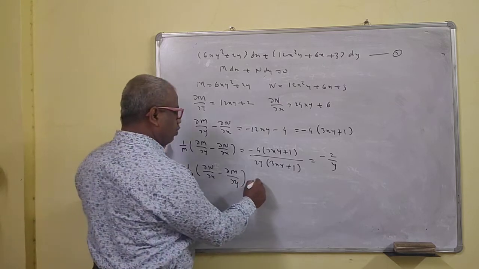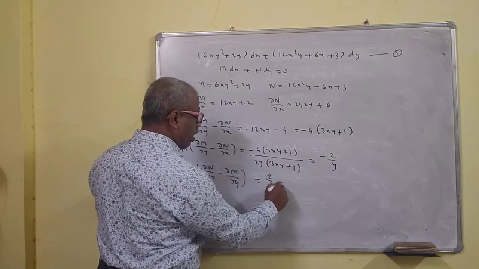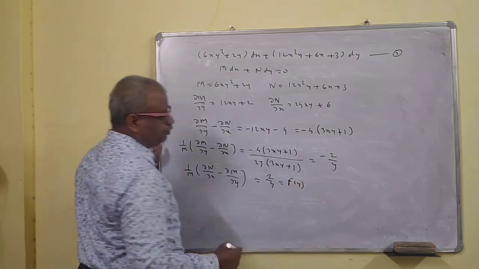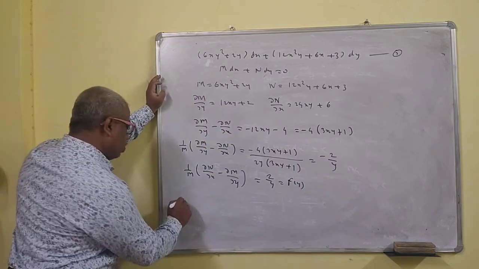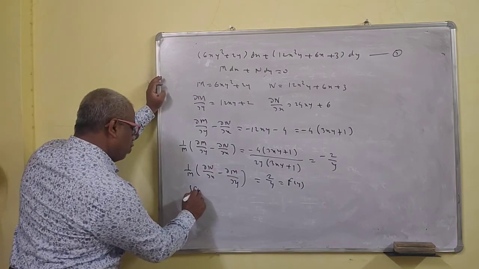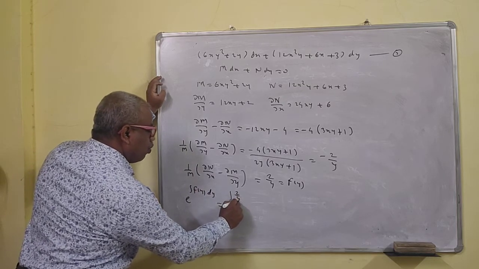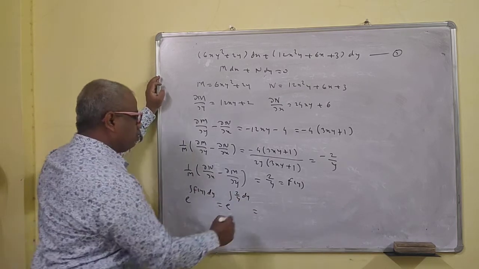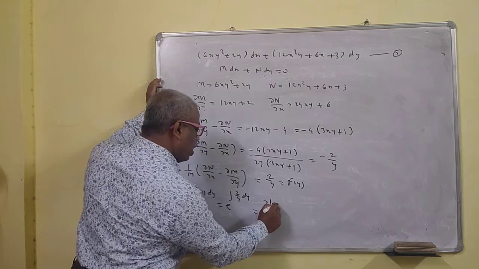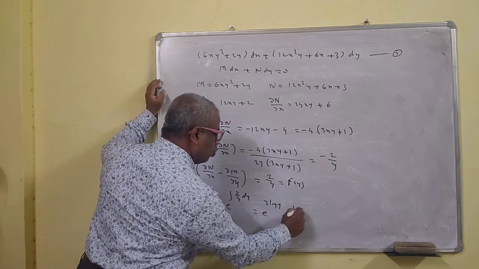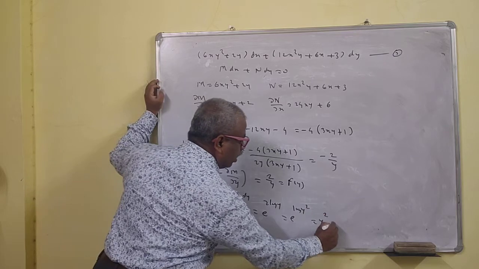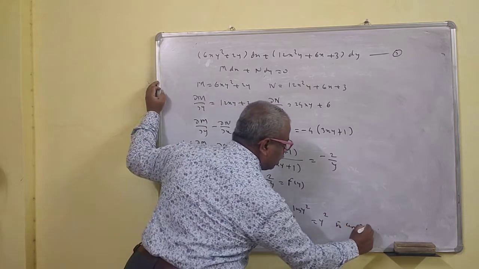So this is 2 upon y, a function of y alone. Therefore e raised to the integral of f(y) dy is e raised to the integral of 2 upon y dy, which is e raised to 2 log y, so e raised to log y², which is equal to y². So y² is an integrating factor.